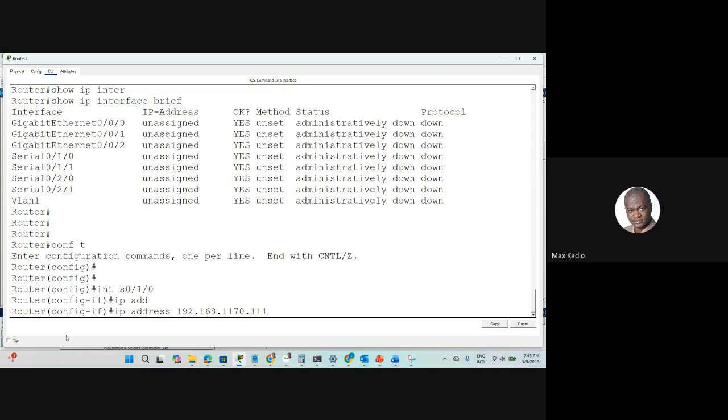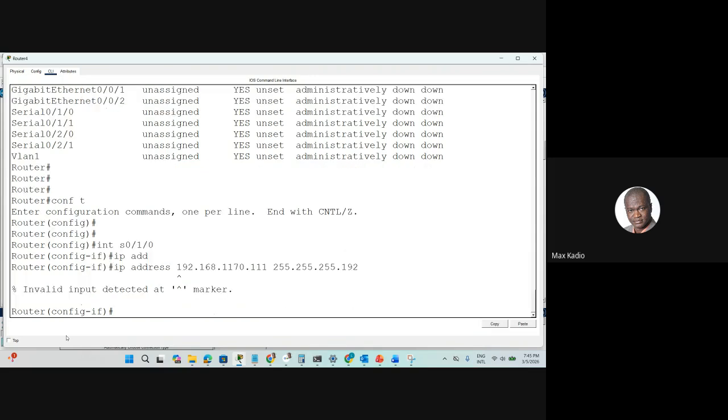You see, when you add an IP address, it always comes with a subnet mask, 255.255.255.192. You see, there is something wrong here. I made a mistake here, so I'm going to put it back again. 170.